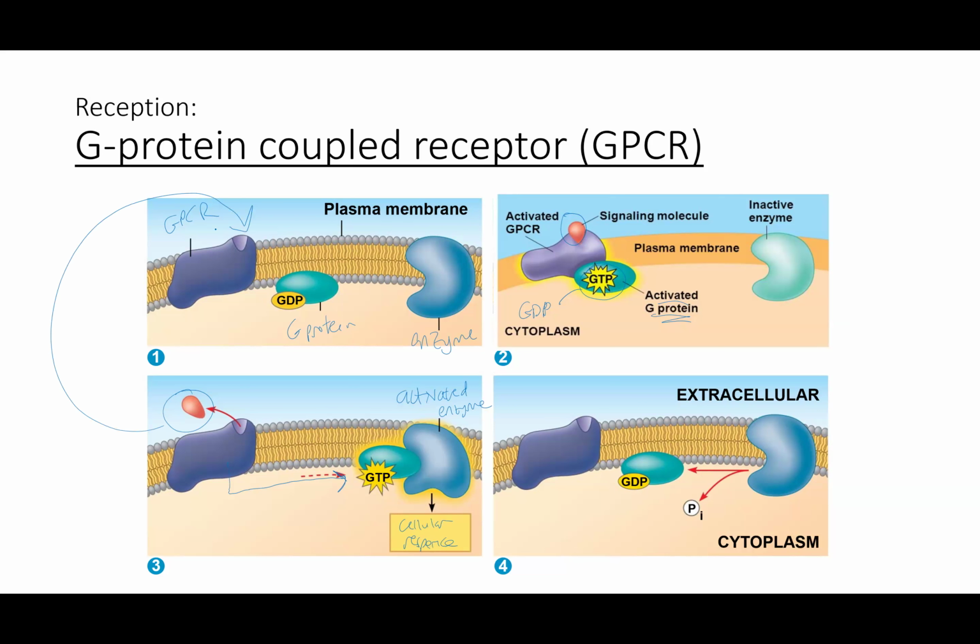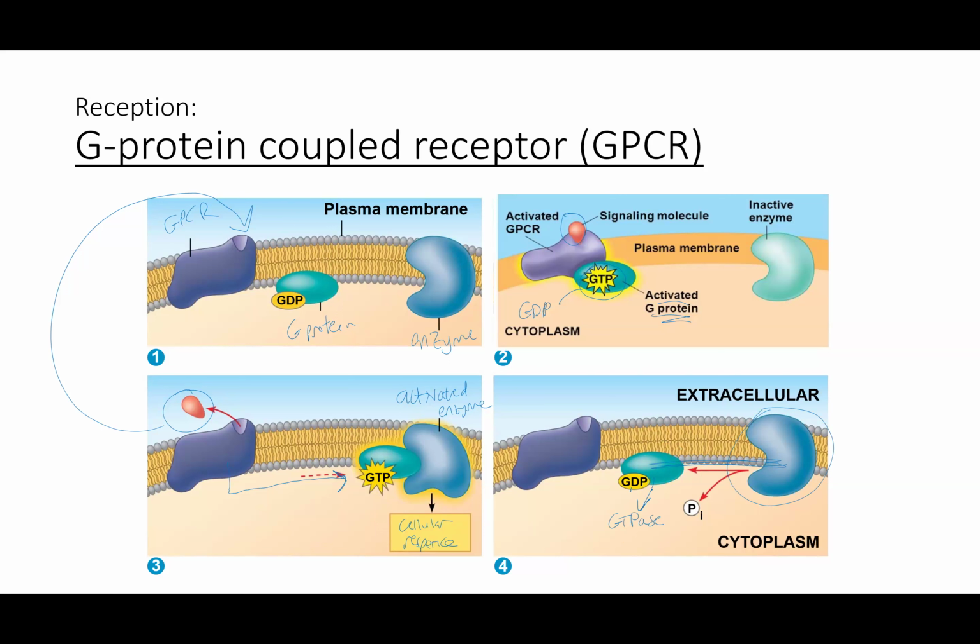And over here, the G protein can act as a GTPase. This bonding is temporary between the G protein and the enzyme. So when it dissociates, this G protein can act as GTPase, which is going to inactivate the G protein.